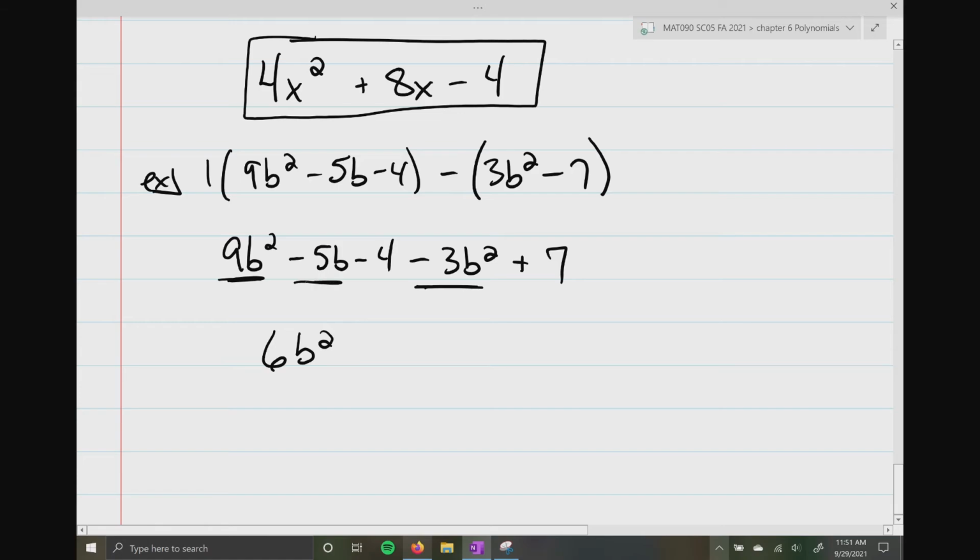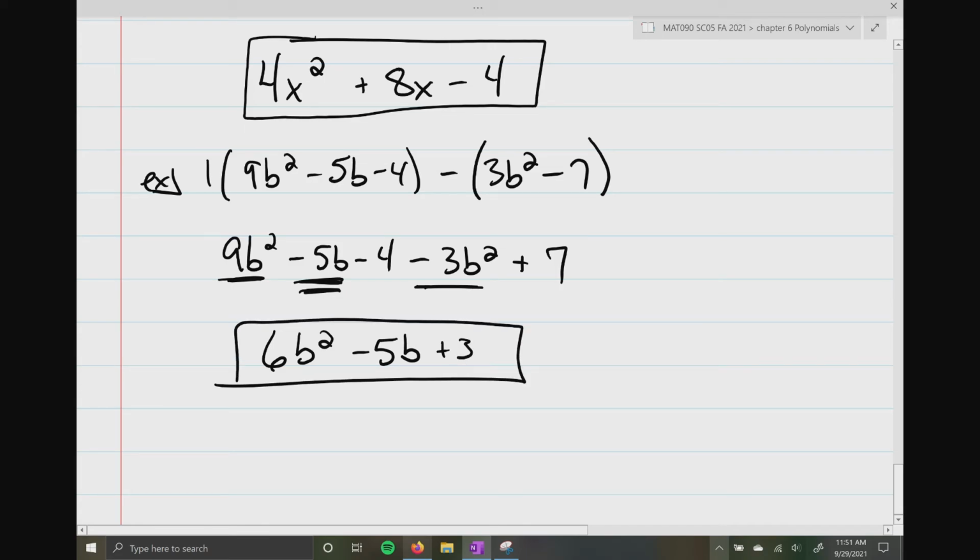Now this -5b, there are no other b to the first terms, so it just comes along for the ride. -4 plus 7, +3. We good? All right. So the last thing I want to go over is evaluating polynomials.